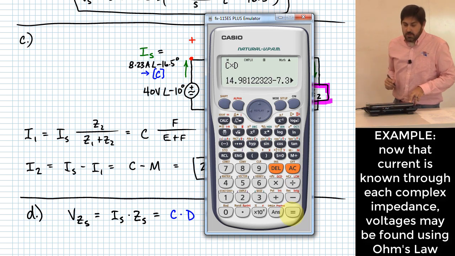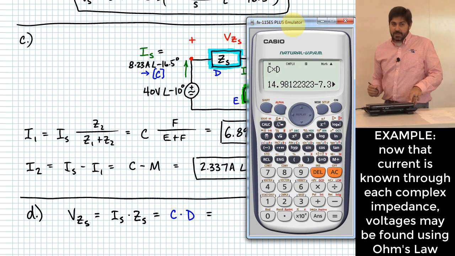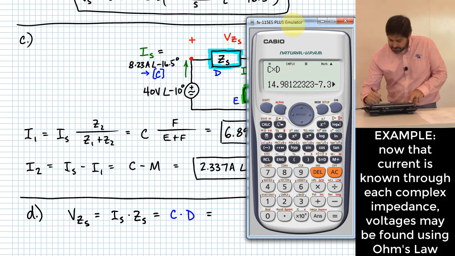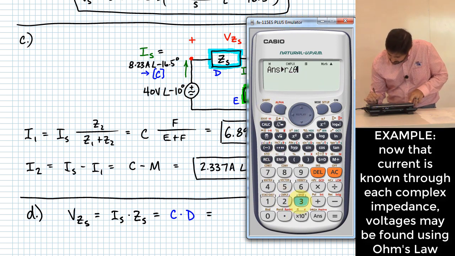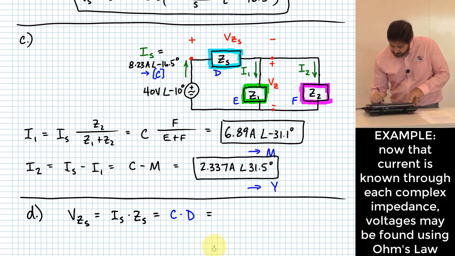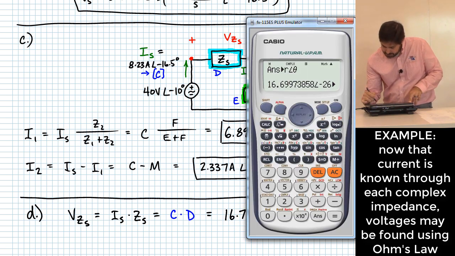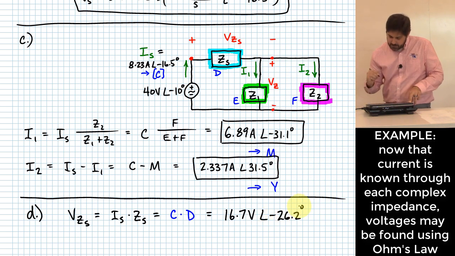Okay? What kind of a quantity is this? It's a voltage, and so I probably want that in polar form. That's just my preference. So I'm going to convert that to polar form like this: 16.7 or so volts at an angle of negative 26.2 degrees.